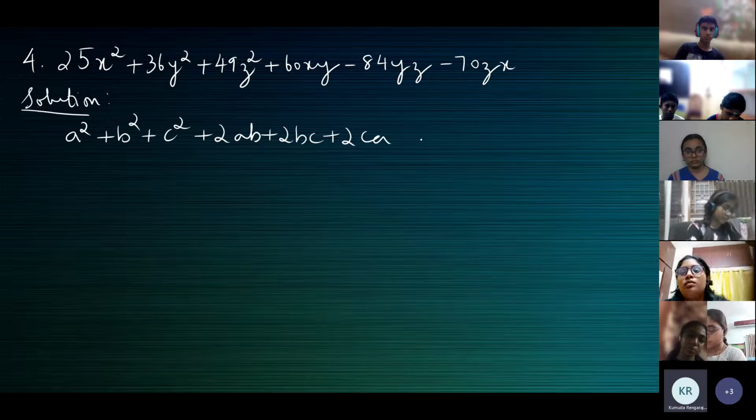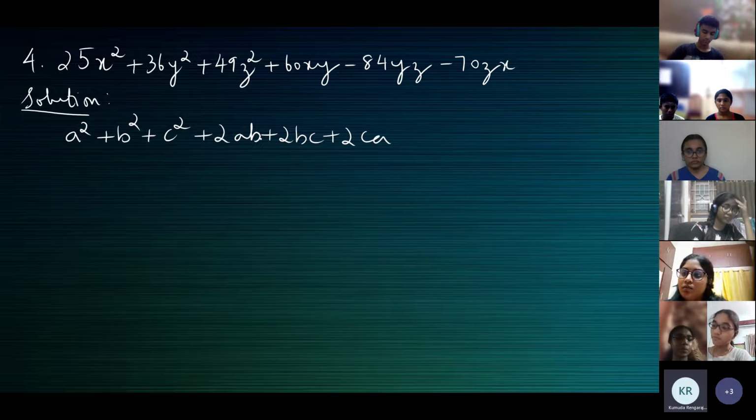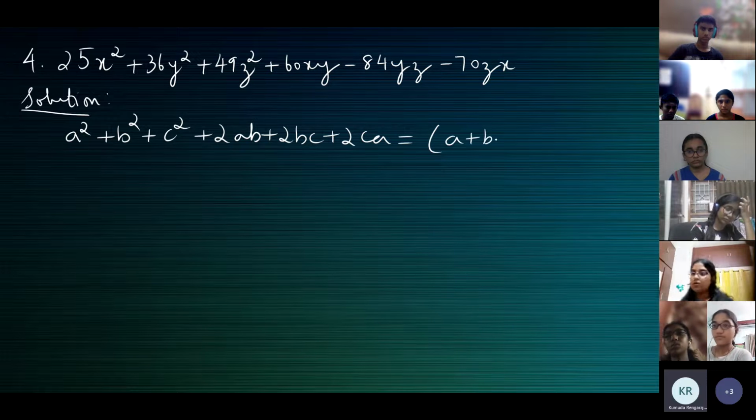Now the signs don't match, but we'll match it. There are 6 terms. Now this is equal to A plus B plus C the whole square.